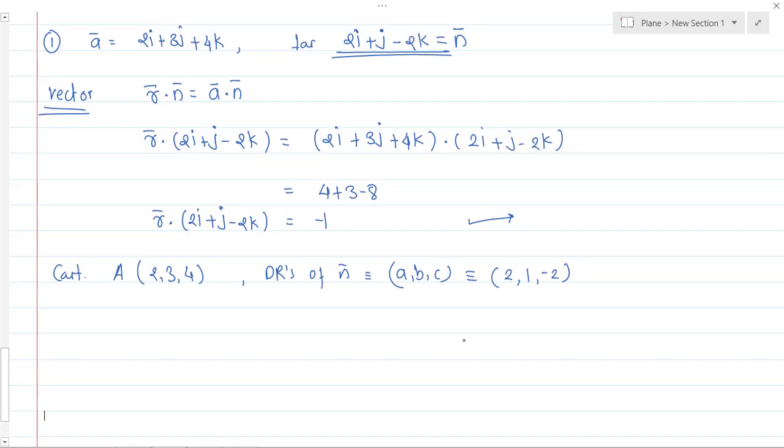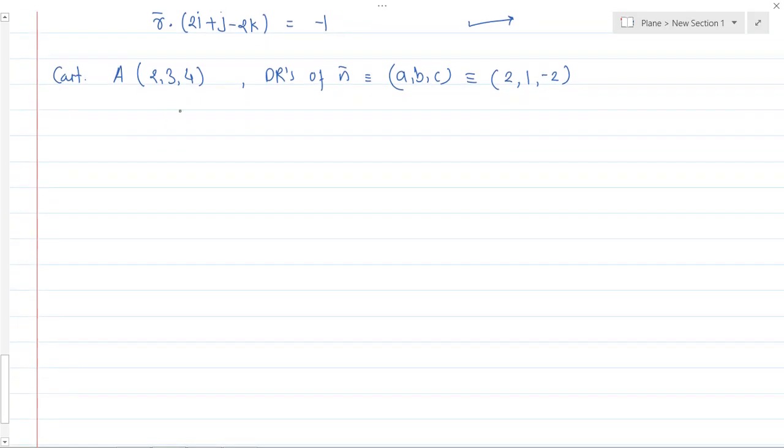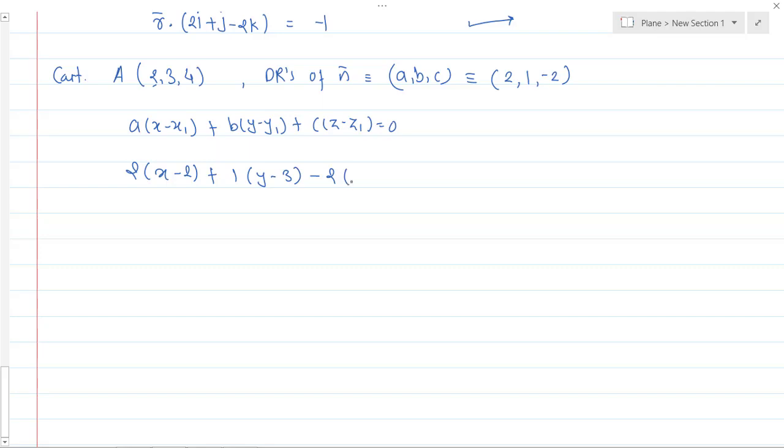So let's write the given condition: a into x minus x1 plus b into y minus y1 plus c into z minus z1 equals 0. Let's substitute the values. A is 2, so 2 into x minus 2, plus 1 into y minus 3, minus 2 into z minus 4, equals 0.